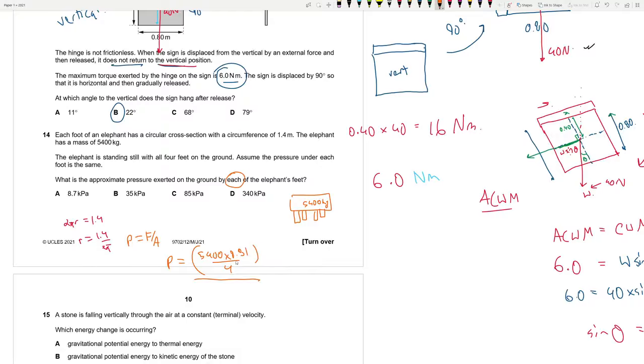Now the area of each foot, what's it going to be? Pi r square, right? So P is equal to 5,400 into 9.81 by 4 divided by pi into 1.4 divided by 2 pi whole square. Let's do this. 1.4 by 2 pi whole square into pi, and in the numerator we have 5,400 into 9.81 into 0.25 divided by the answer.